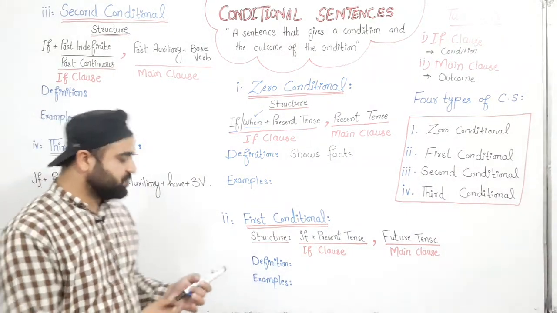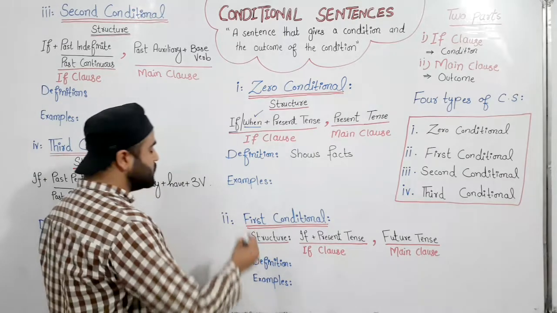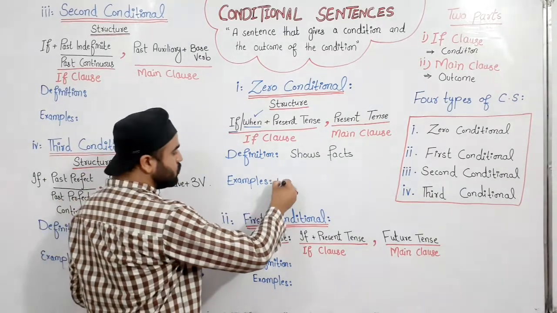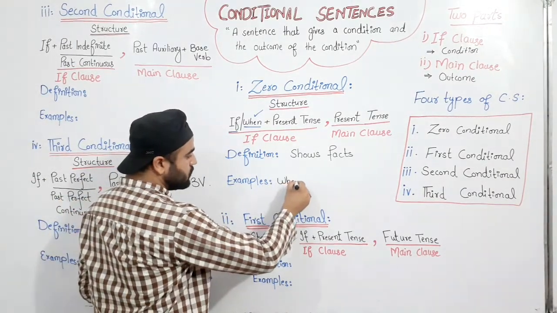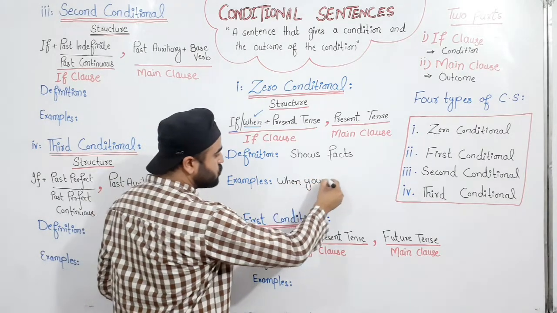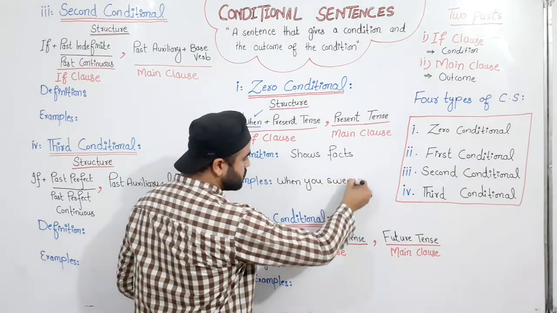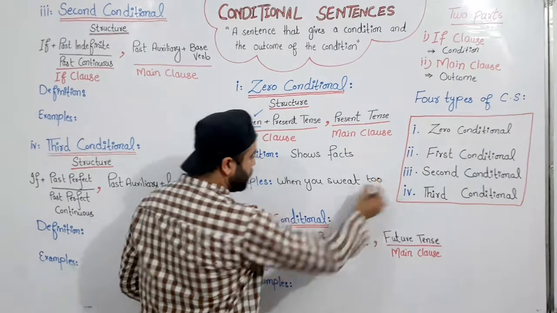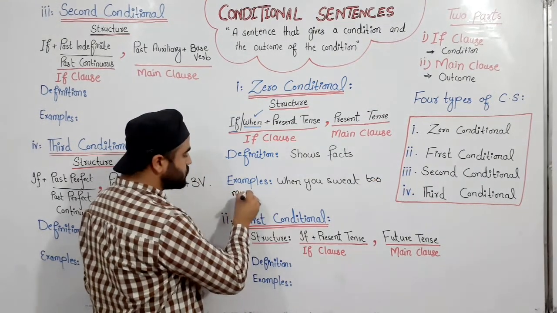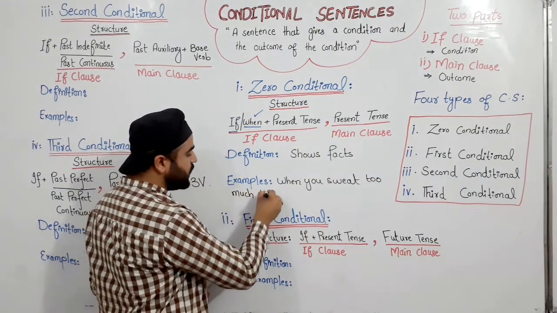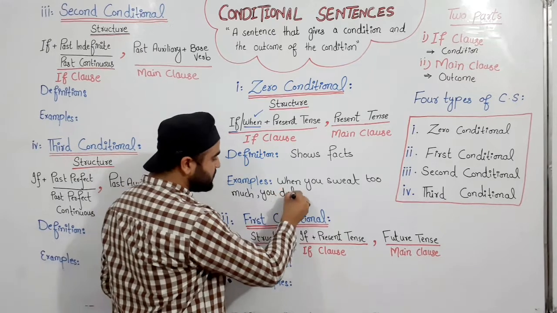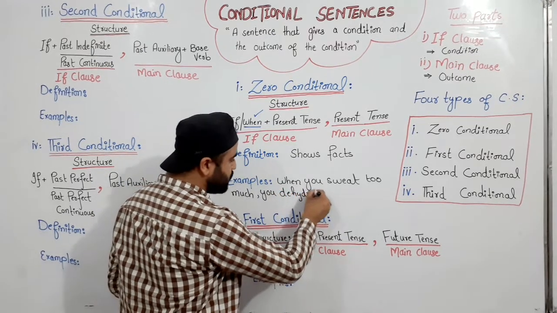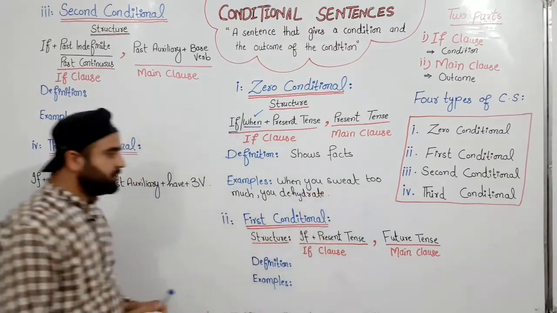It shows facts. So if I give you an example, when you sweat too much, you dehydrate. So you see, this is a fact that when you sweat too much, you dehydrate.